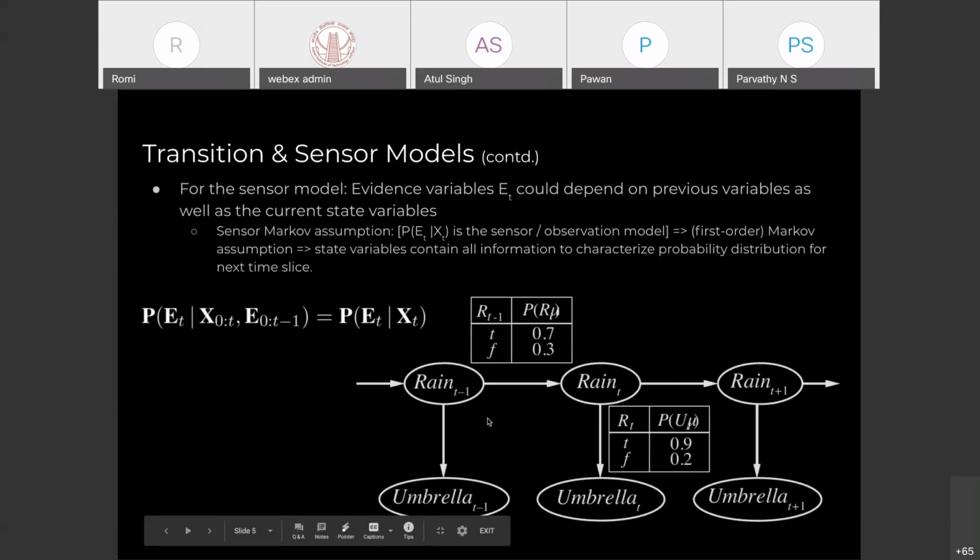So the question is, if I see an umbrella, I know that it's a rain condition. So the inference is in the opposite direction, but this is just to show the dependability. Because if it is raining, then only will the umbrella go up.